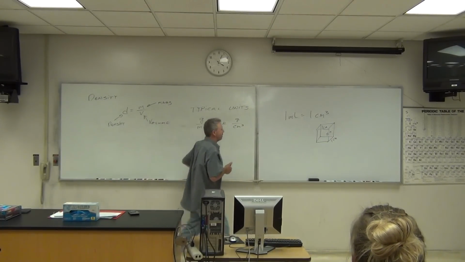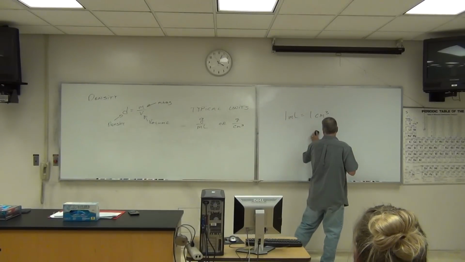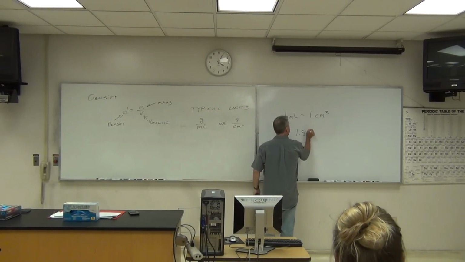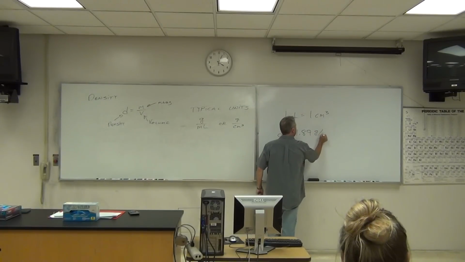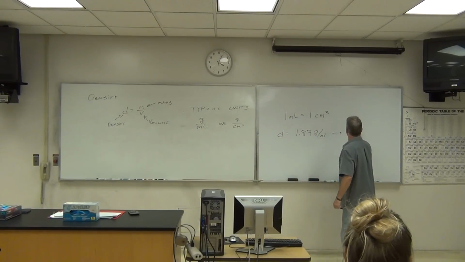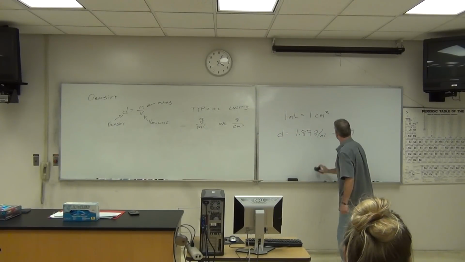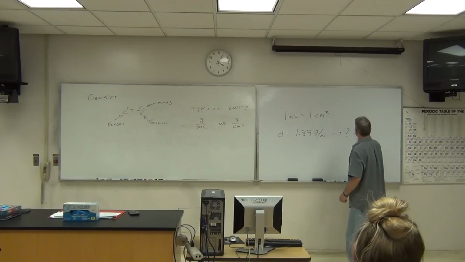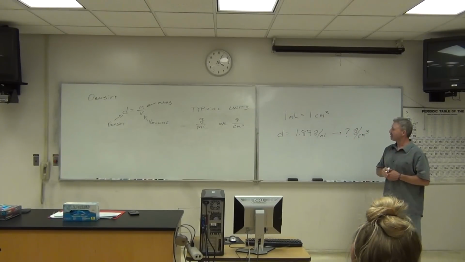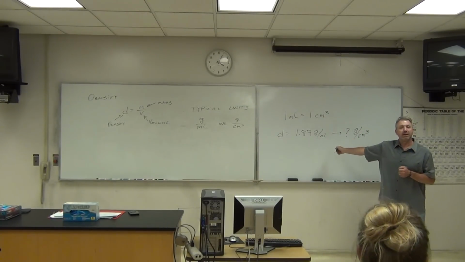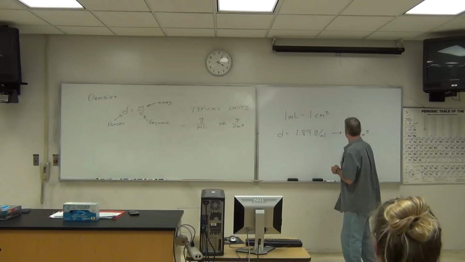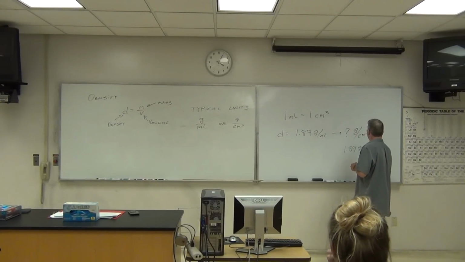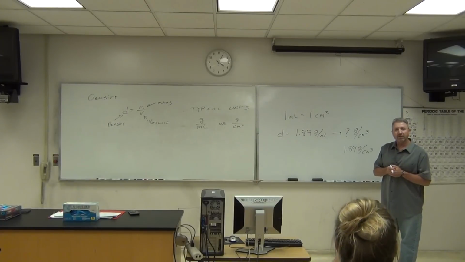For example, if you had a density of 1.89 grams per mil, what would that density be in grams per cubic centimeter? It's the same thing. It's the same value.